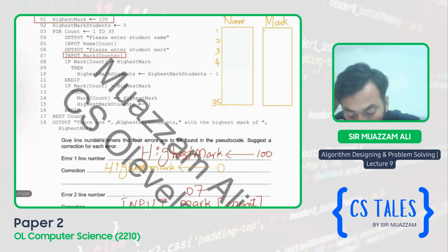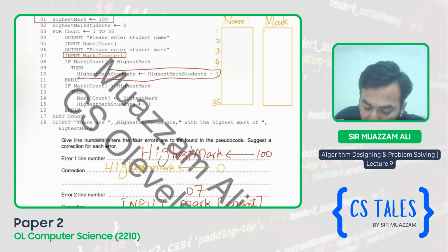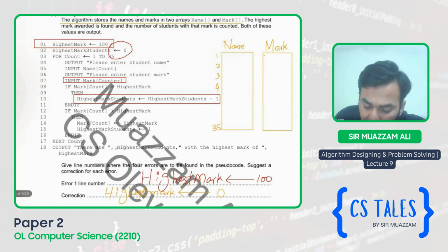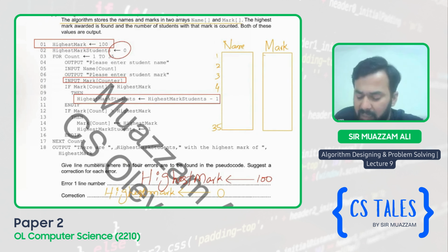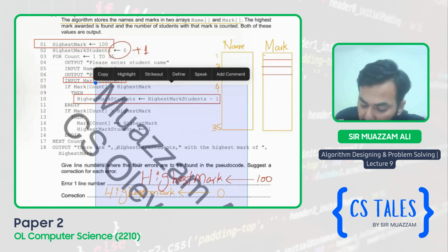Next, we need to see that if mark count is equal to the highest mark, then what should we do? In the highest mark students, you have to add 1. If you find that a mark is the highest, it will be 0 plus 1, not minus 1.